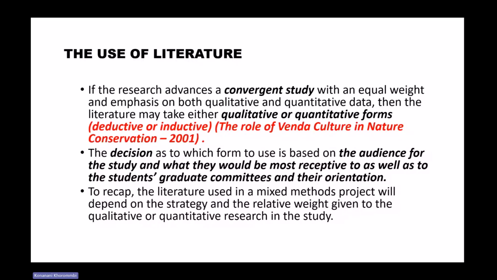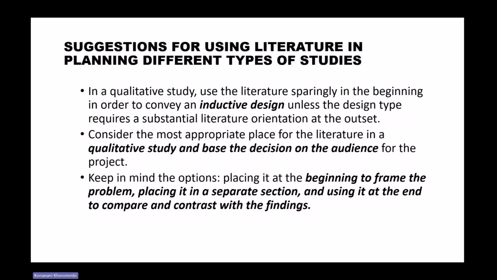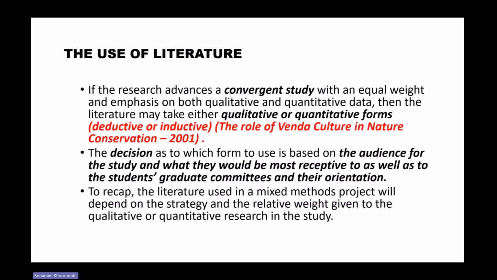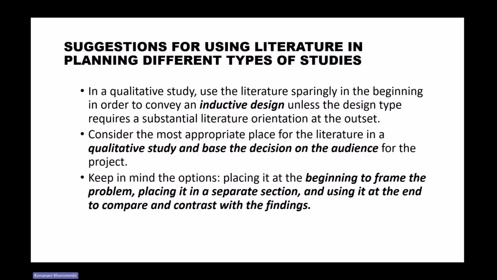It is a summary of everything that we discussed. Now we are given a synopsis of it as a reminder. In a qualitative study, use the literature sparingly in the beginning in order to convey an inductive design, unless the design type requires a substantial literature orientation at the outset. That is advice number one.